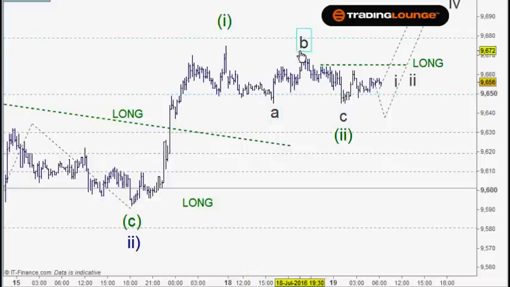So if I had to count this, I'd count it as 1 and 2, and down for 3 here, and then 4 across here, and down for 5. So it is messy in here. Look, it could just push up from here, I don't know, but if not, it'll have one move down here and then up. So the way to tackle this is to buy new highs.